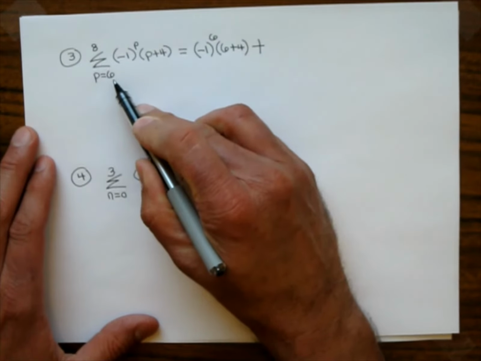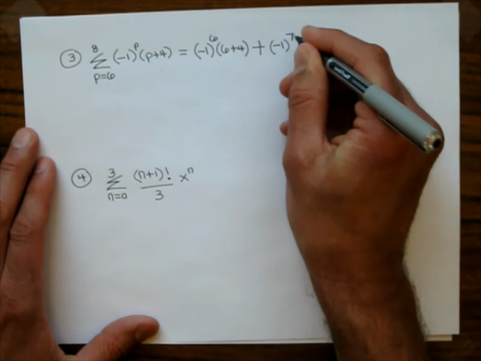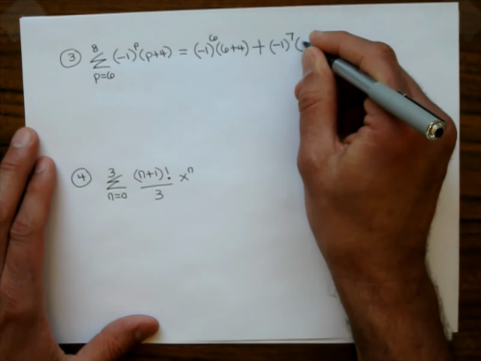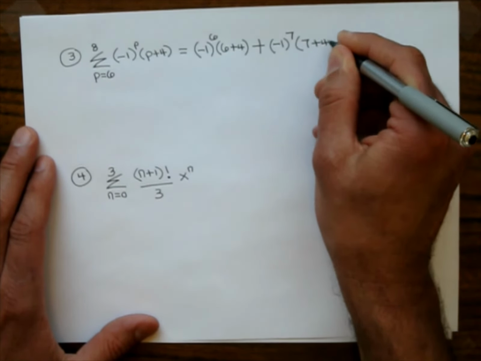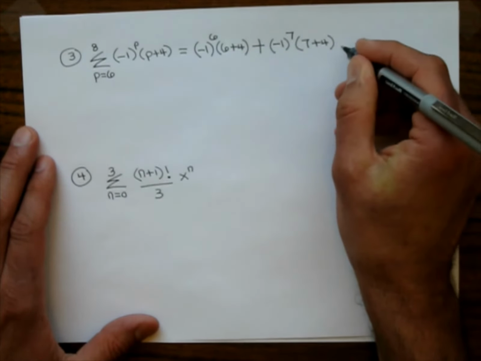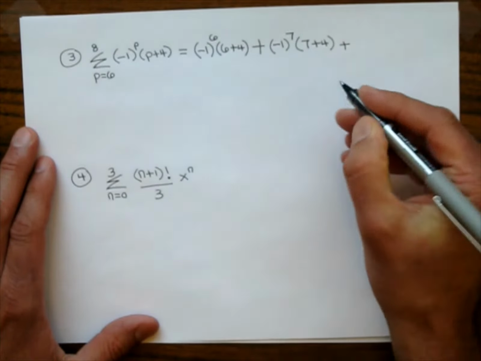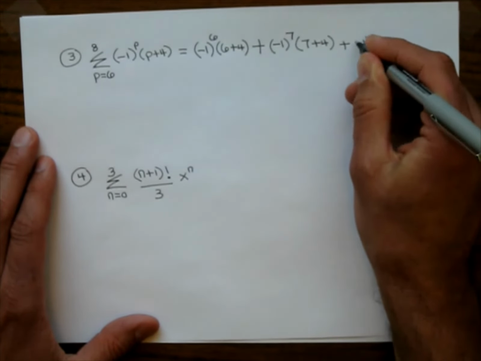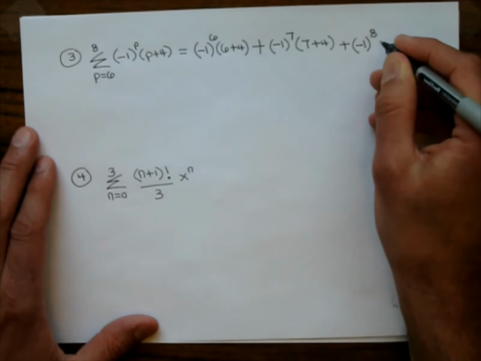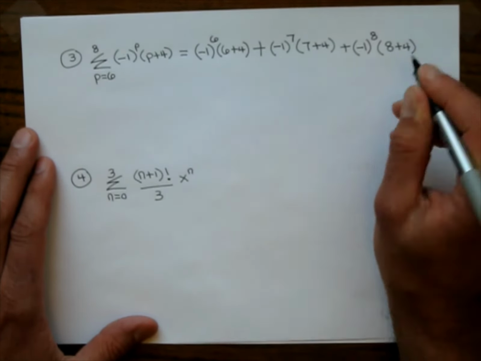Plus, okay, so my next integer is 7. (-1) to the 7th power, and then we have 7 plus 4. And all I'm doing is putting that into this formula here. We have plus, and now we're at our stopping point, which is 8. So I have (-1) to the 8th, and then we have 8 plus 4.